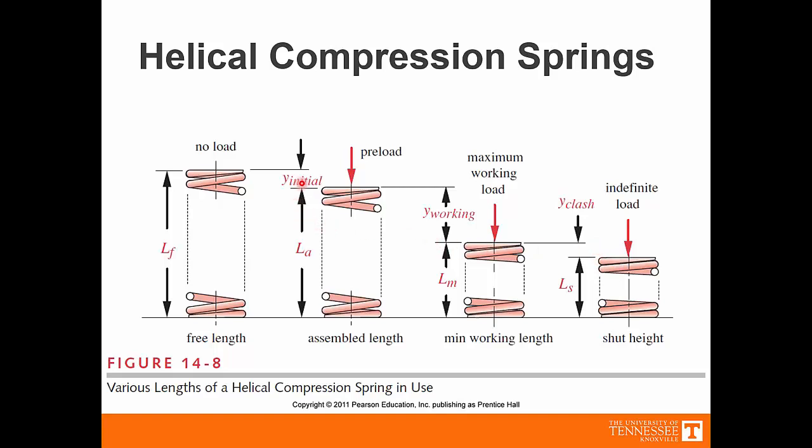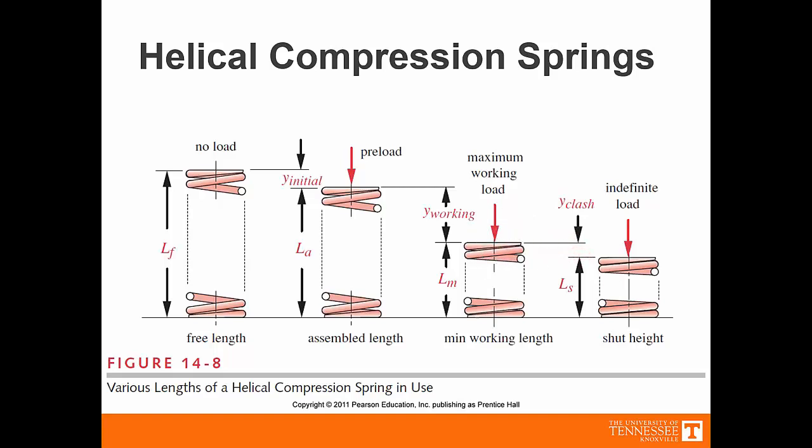Notice though that these values, L is talking about lengths, y is talking about displacement. And you should always be able to take at any particular state the length plus the displacement to get back to your free length with no load. So initial displacement, a working displacement, and then finally a clash displacement.